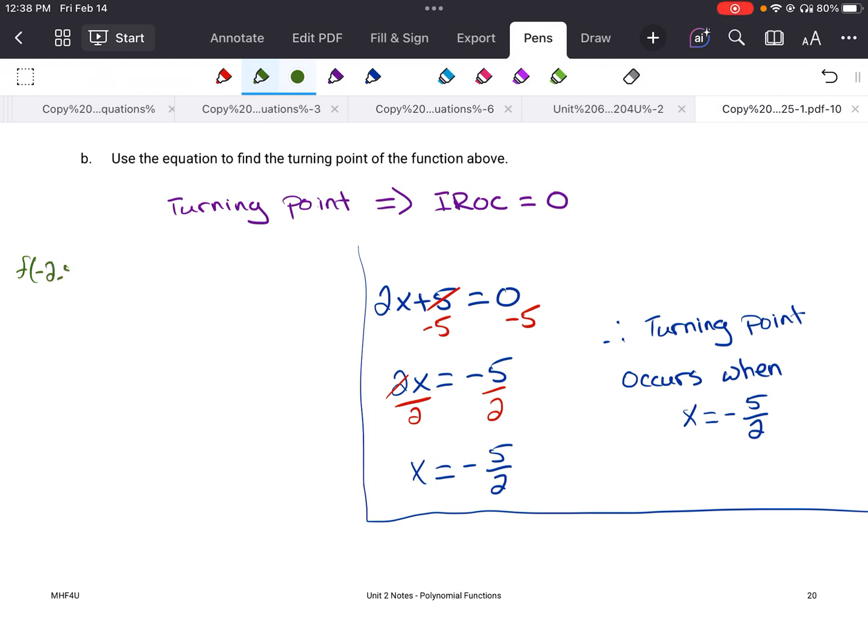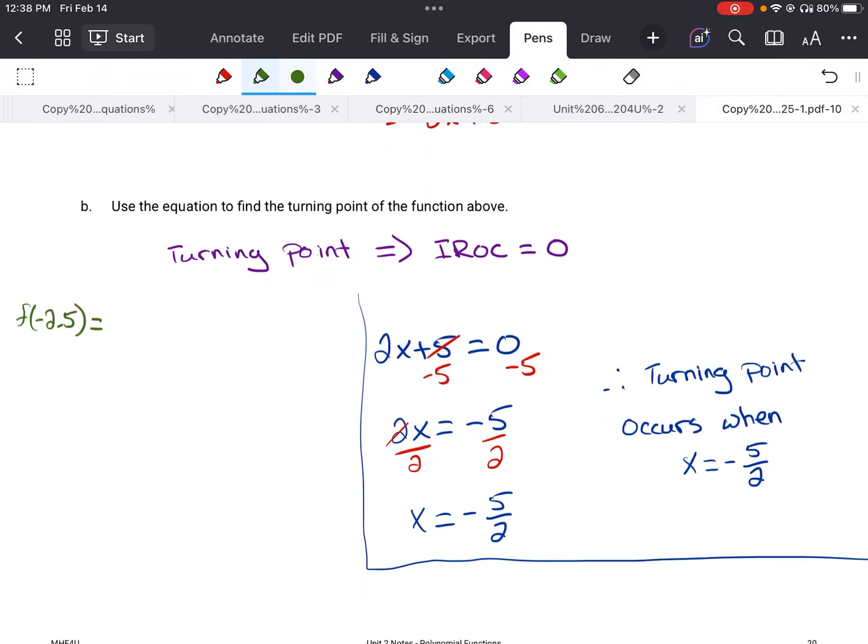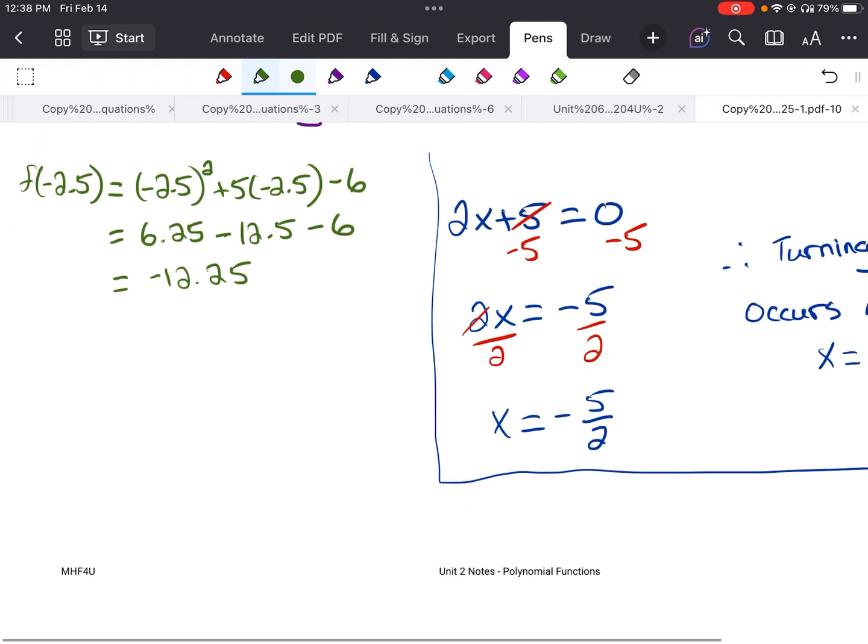So we're going to plug in negative 2.5, and it was x squared, so negative 2.5 squared plus 5 times negative 2.5, take away 6, which gives us 6.25 minus 12.5, take away 6, and that all leads to negative 12.25.